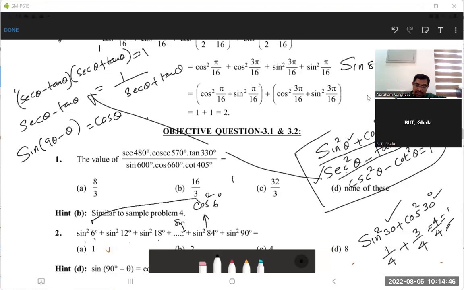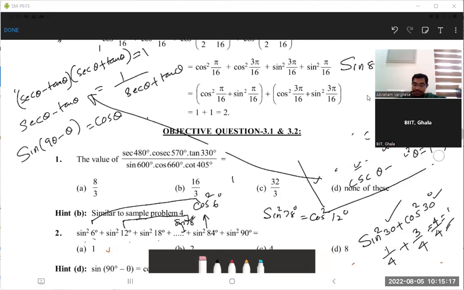So sin square 78 will be equal to cos square 12 degree. That means the second and second last terms you can combine, so that will be equal to 1.